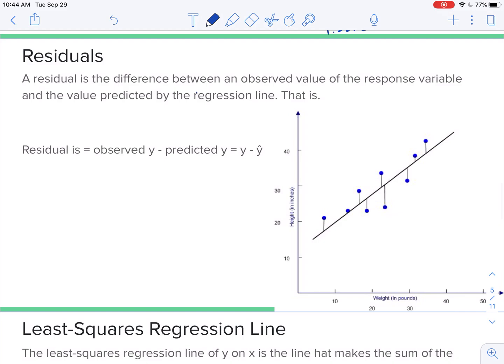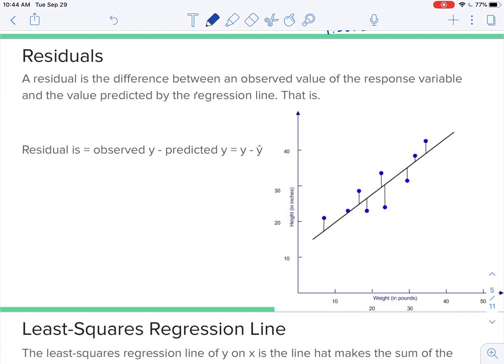All right, residuals. A residual is the difference between the observed value of the response variable and the value predicted by the regression line. So that is the observed y minus the predicted y, or the actual value minus the expected value. So we've got a regression line here of weight related to height of some animal, or baby or whatever, and we can see all the residuals marked.